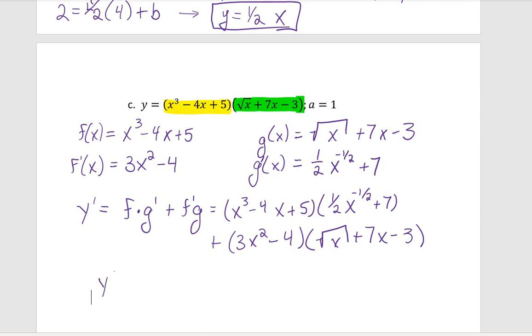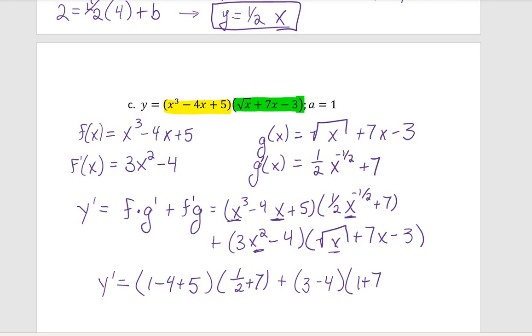Great, so we actually want to find y prime at 1, so we're going to plug in 1 for all of these x values in the derivative. So we're going to have 1 minus 4 plus 5 times 1/2 plus 7 plus 3 minus 4 times 1 plus 7 minus 3.